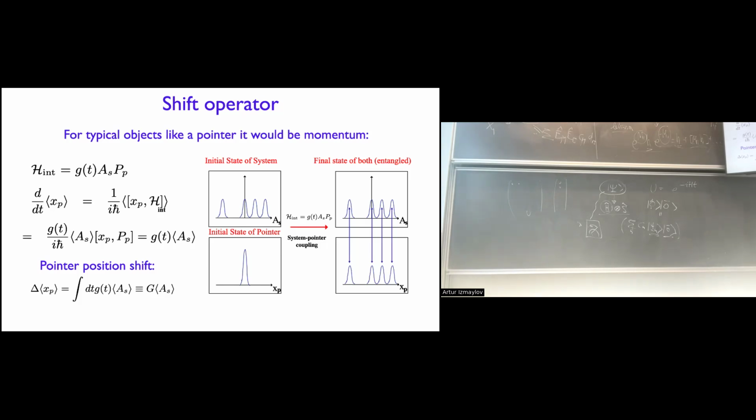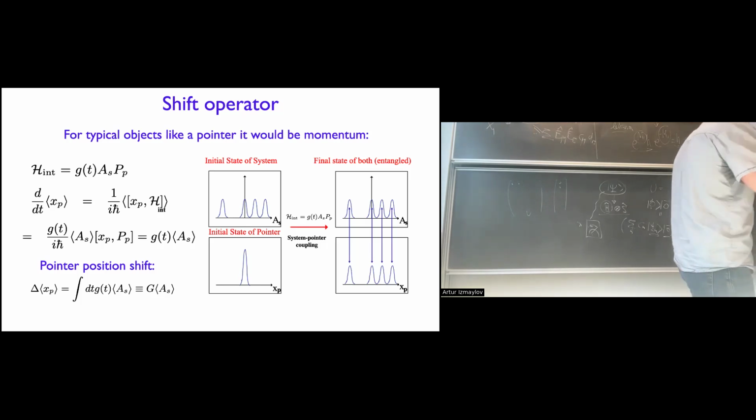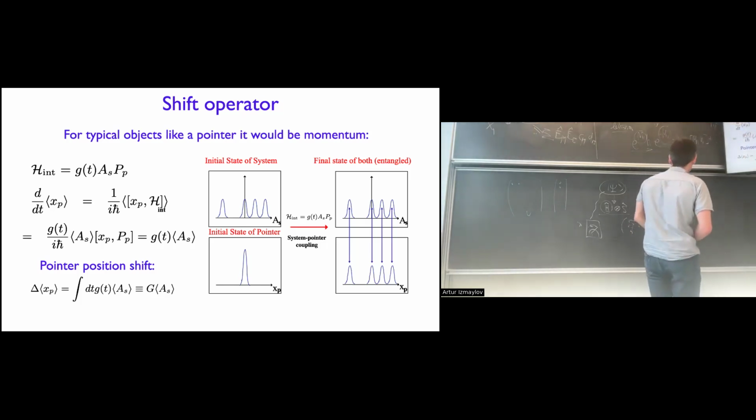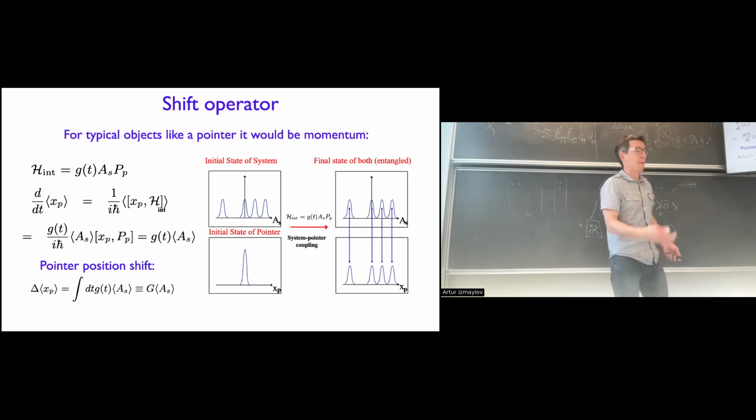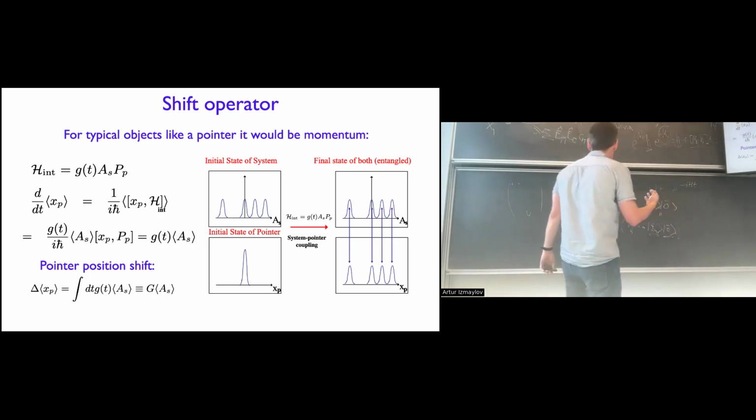And then this coupling creates the entangled superposition, where different positions of the pointer are coupled to different eigenvalues or eigenstates of the system, right? So essentially we need a momentum operator to do this shift.